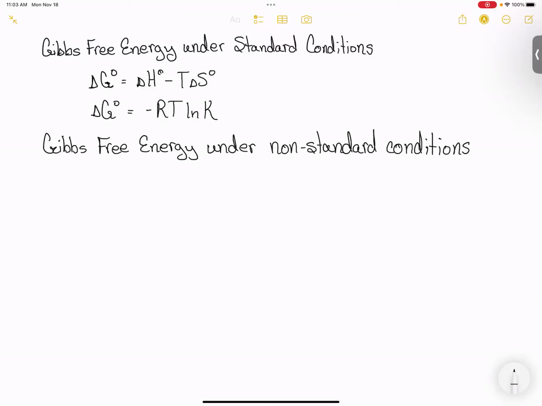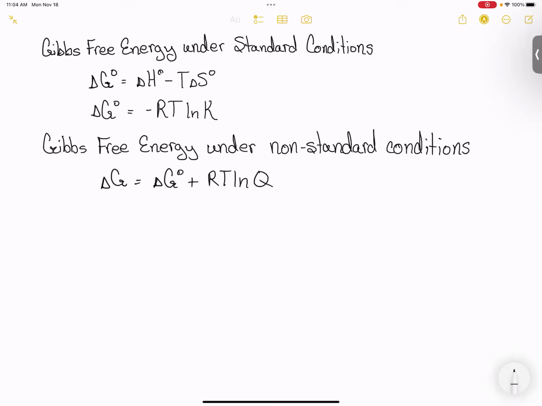Now, let's talk about Gibbs free energy under non-standard conditions. Under non-standard conditions, we calculate Gibbs free energy as delta G under non-standard conditions is equal to the delta G naught under standard conditions plus RT natural log of Q. And Q goes back to our early discussions of equilibrium when we talked about the reaction quotient.